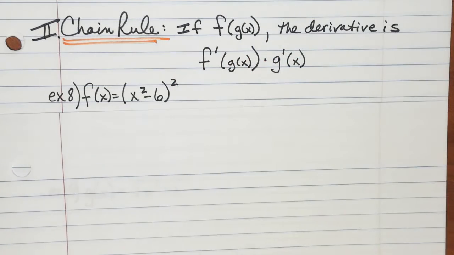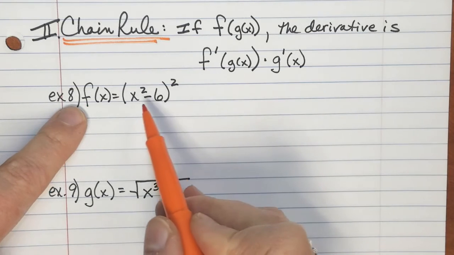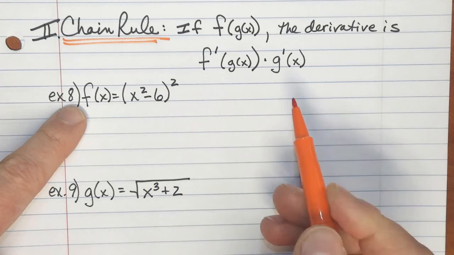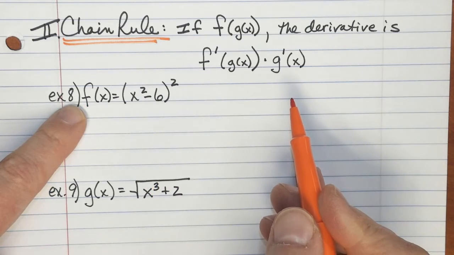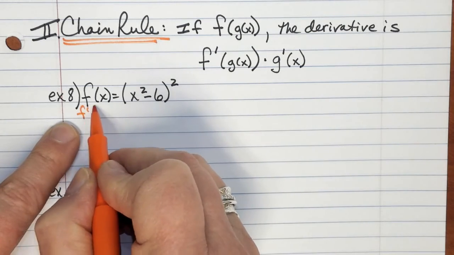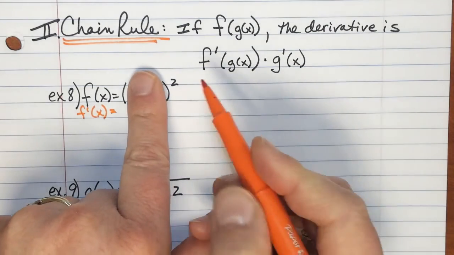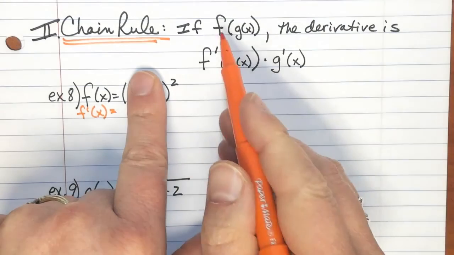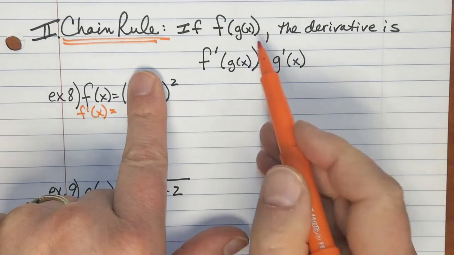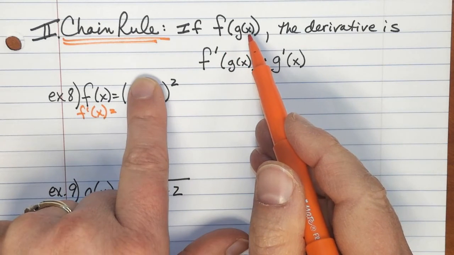Let me show you here with example 8. Example 8 says that function f is x squared minus 6, squared. So what we're going to do is take the derivative of the larger function, which really would just be x squared, would be the f function, so to speak. And then the g function would be this x squared minus 6. Okay?